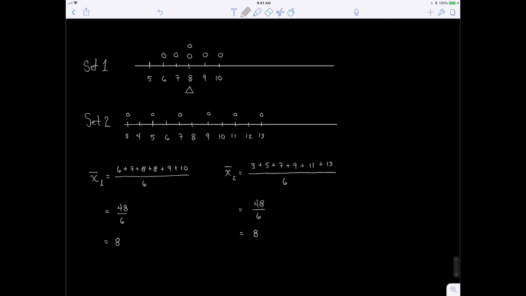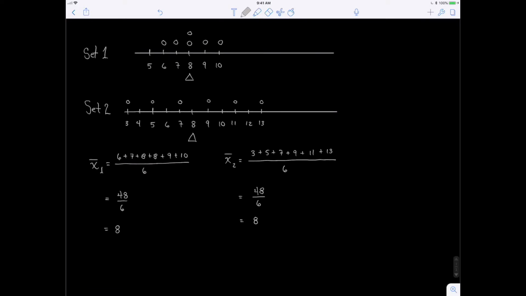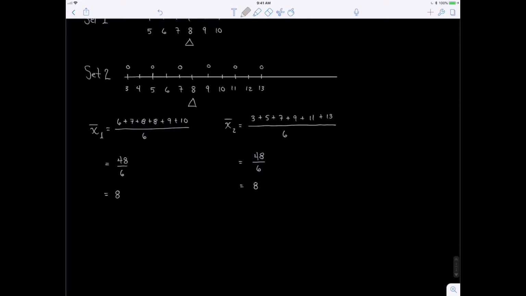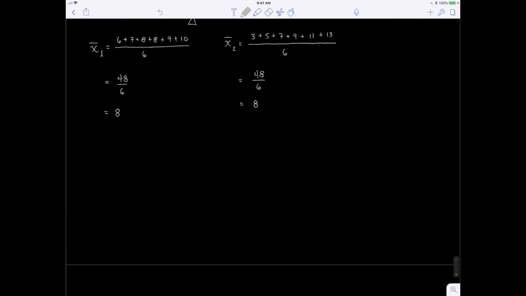Well, what does this mean? Clearly the data sets are different, and if I was to describe the two sets to you by only giving you the mean of the data set, that wouldn't be very meaningful. So here's what we're going to do. We're going to look at how far the data is from the mean.